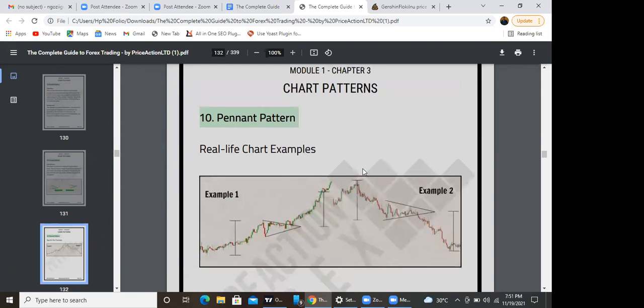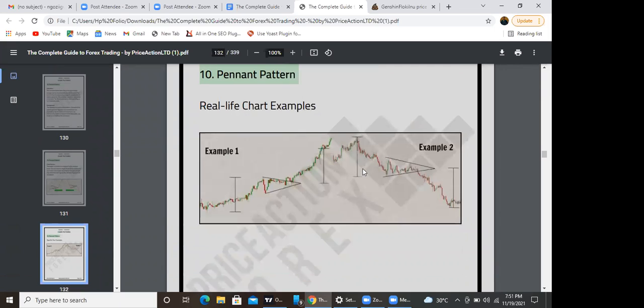Let me show you a pennant pattern in real life. Most times when you see a symmetrical triangle, it can actually be a pennant pattern, and there is no real difference between them. They still represent each other.